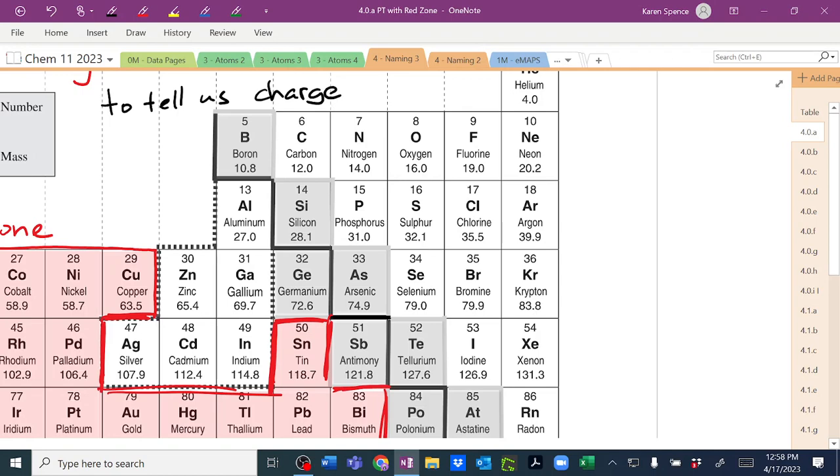Gain an electron, so now they will have a -1 charge. So the halogens are -1. Oxygen is group 16. It needs 2 electrons to fill its valence shell, so it will become -2. And guess what? I remember I said it was as easy as 1, 2, 3. What's the charge of the nitrogen group? -3.